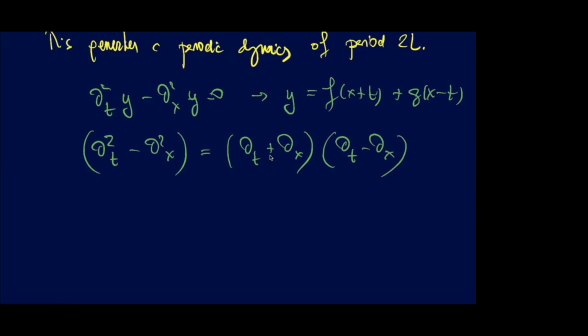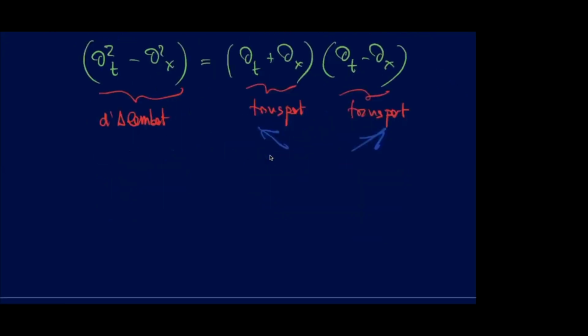And then you see that the wave operator, the D'Alembert operator, is decomposed into a transport operator and another transport operator. This transport operator is pointing to the left, and this transport operator is pointing to the right. They are both simplest examples of the transport equations we were considering yesterday.